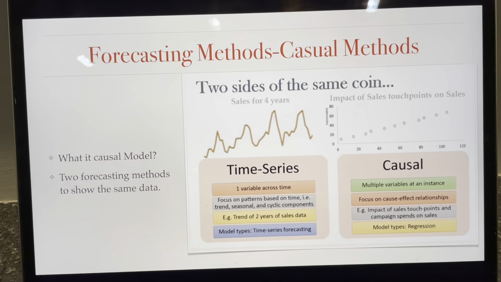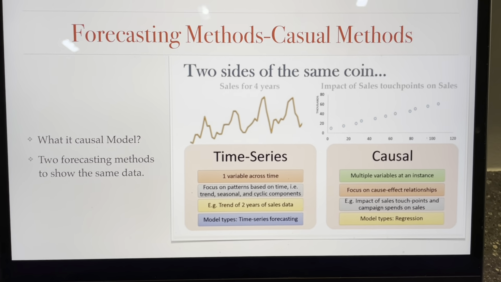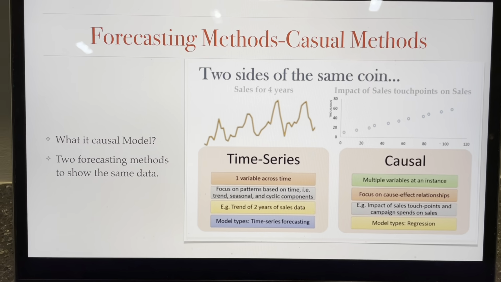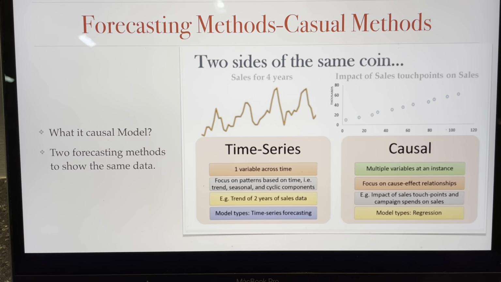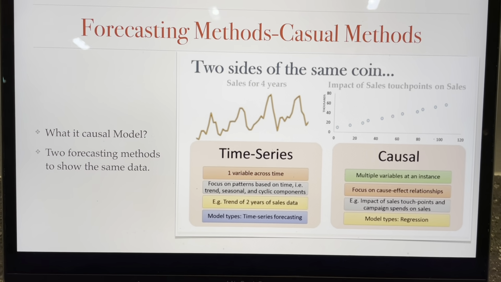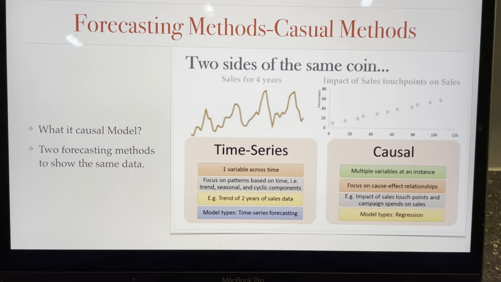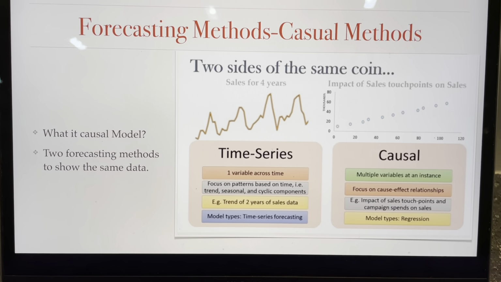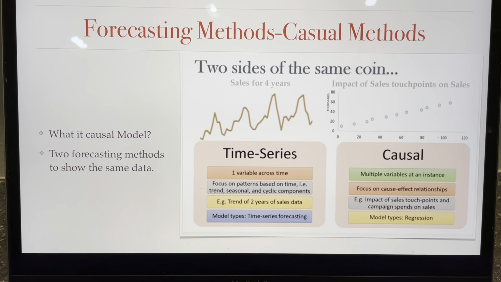So here we can see this picture is using the same data but using two different forecasting methods. We can see the time series forecasting method. It focuses on patterns based on time, and we can see the pattern here, the curve, and also where the high peak is.